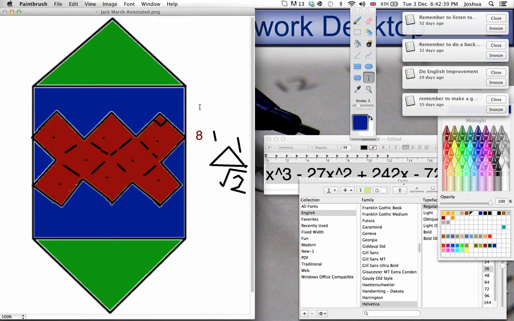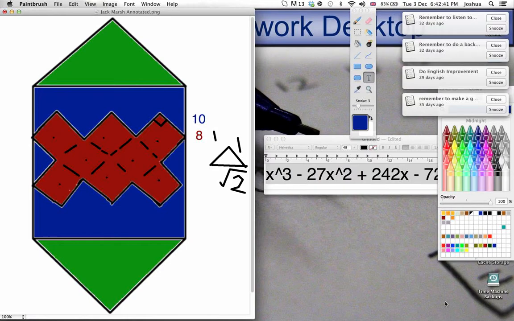Here we go, our next Jack Marsh number. What we can do is work out these green bits. So we know that this length is 3 square root of 2. And we can see that this might be a right angle, I guess.